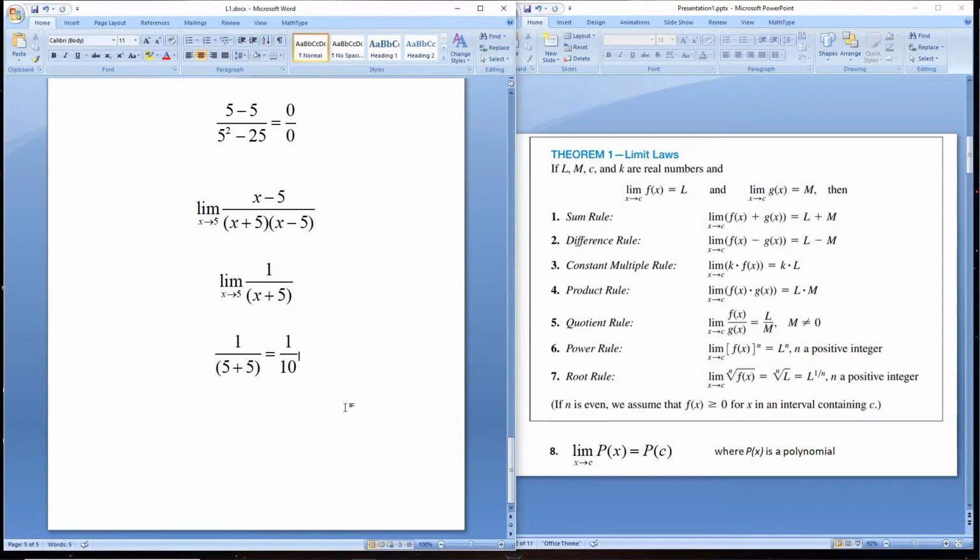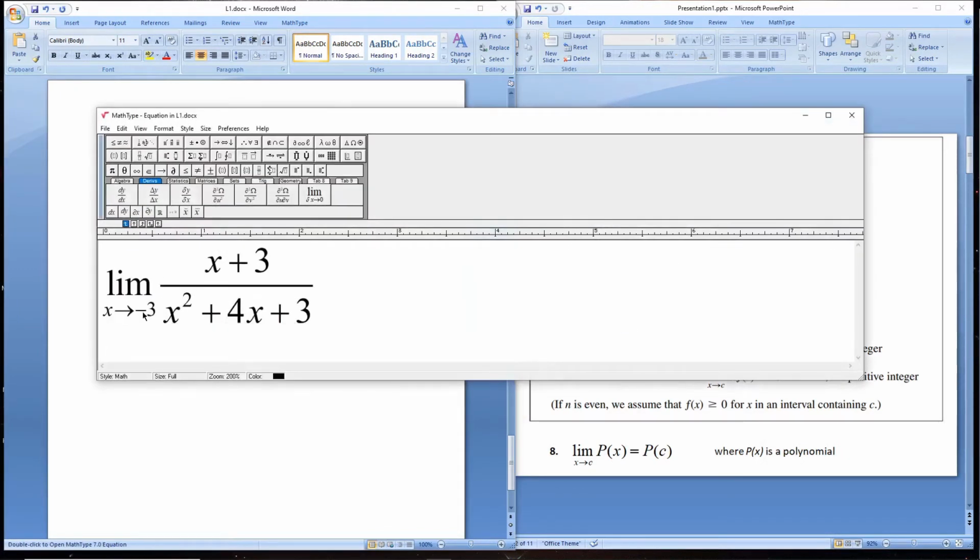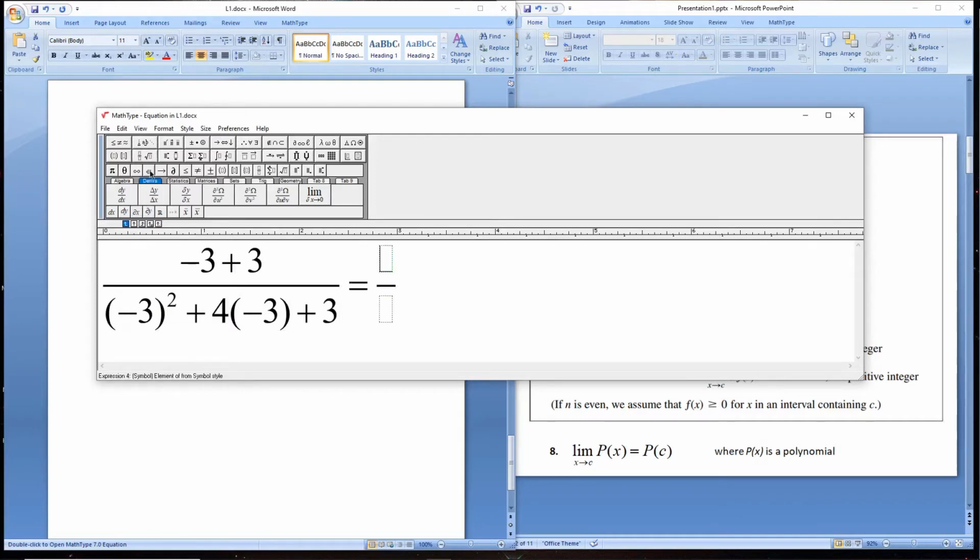So let's check out another one. Now the easy thing to do is to simply plug the number in and see what happens. So we're going to plug in minus 3 and see what happens. And we'll figure out what this number is.